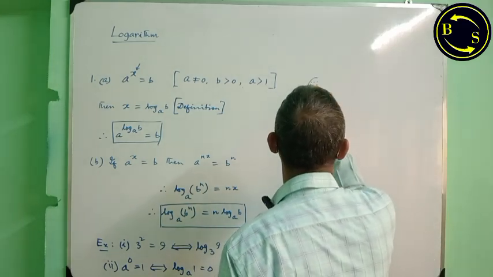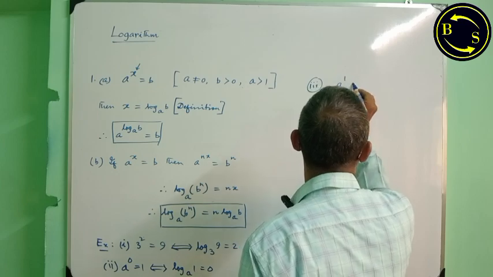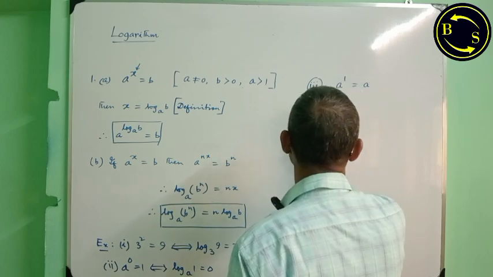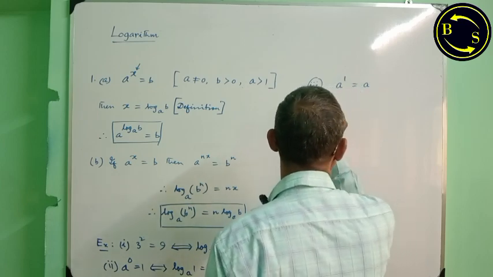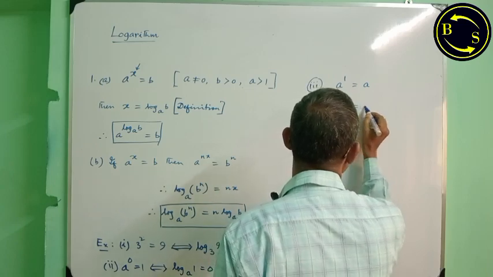Also we can take this one, a to the power 1 equal to a, therefore in terms of logarithm it will be log a to the base a is equal to 1.